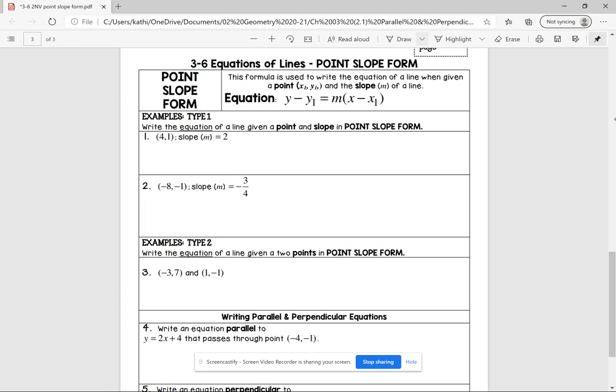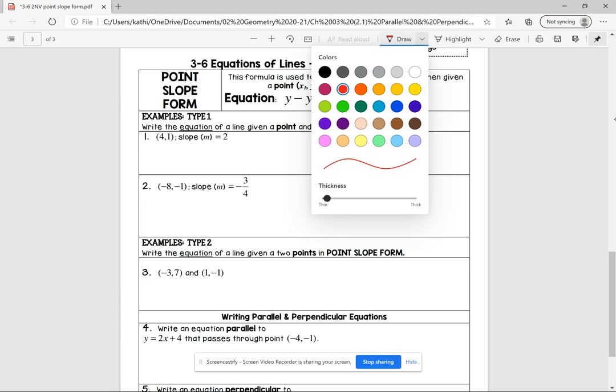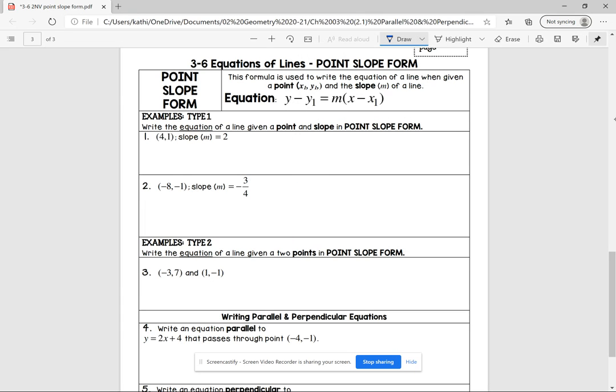So when I'm substituting, x1 is substituted here, y1 is substituted here, and slope is substituted here. So I'm substituting in these 3 locations. I do not substitute in x or y.